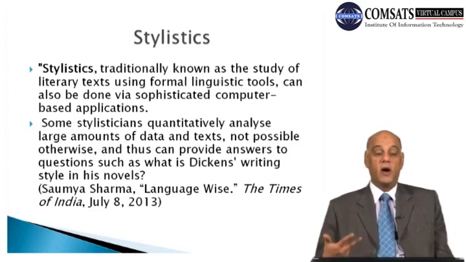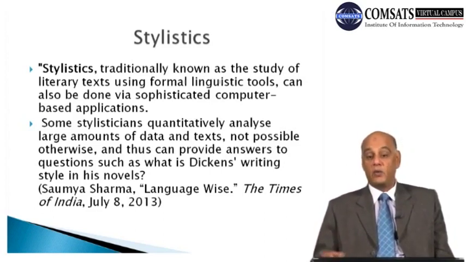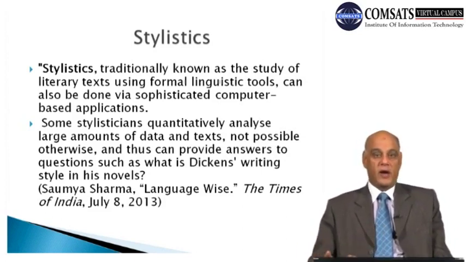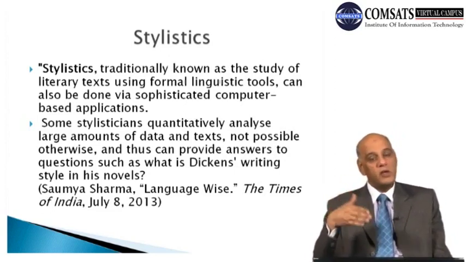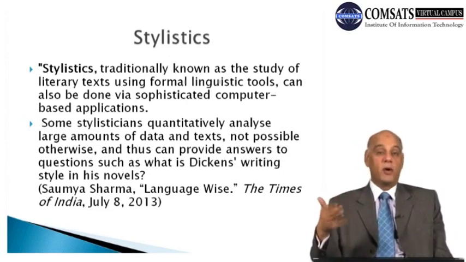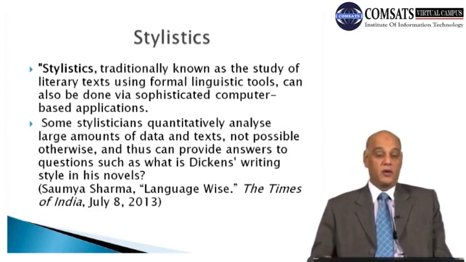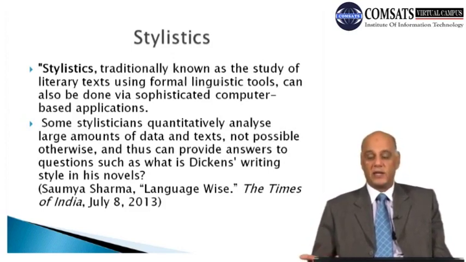Those softwares have formal linguistic tools and can help you to identify the number of times a certain poet has used a certain word. So by counting that, you can analyze it and know about the style of that writer. This is now a very advanced field, where you use computer-based applications in order to analyze the literary text, and to see the styles of the writers.